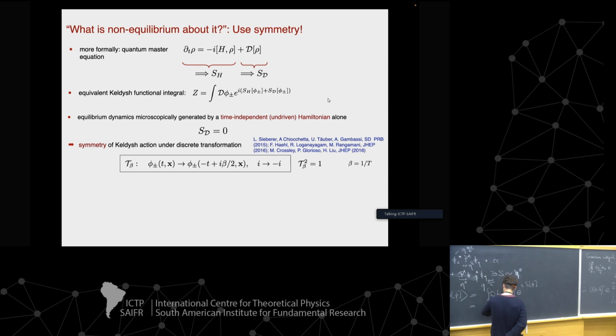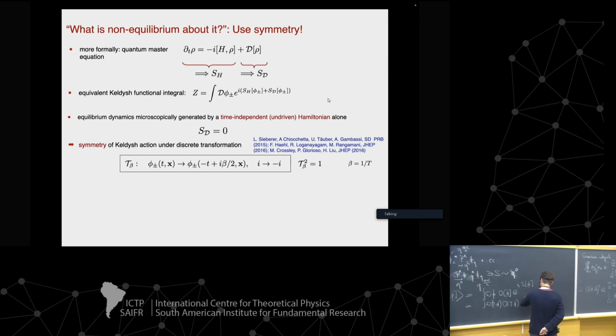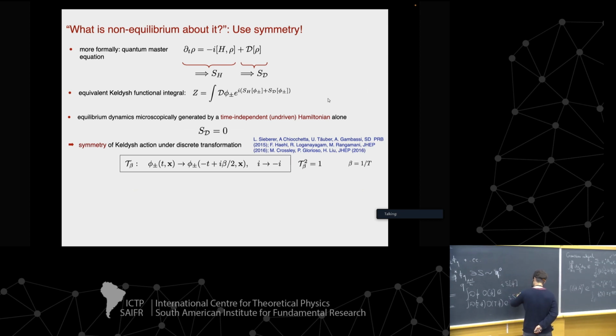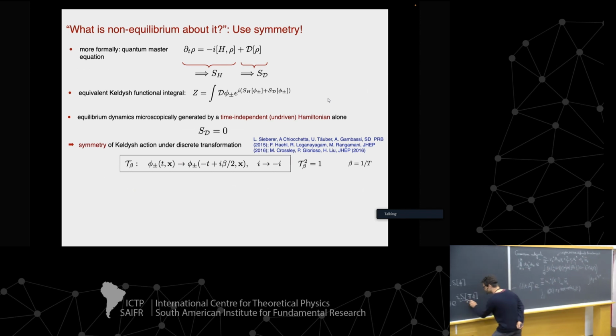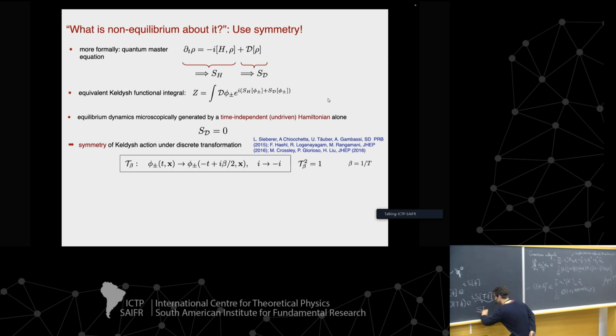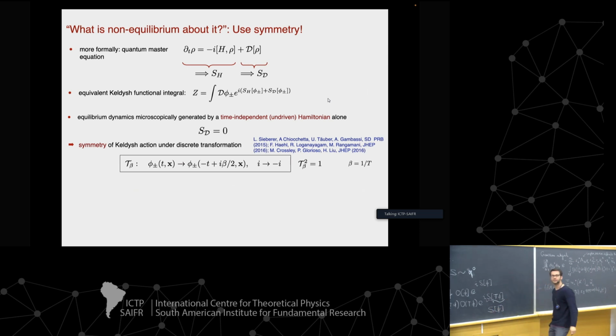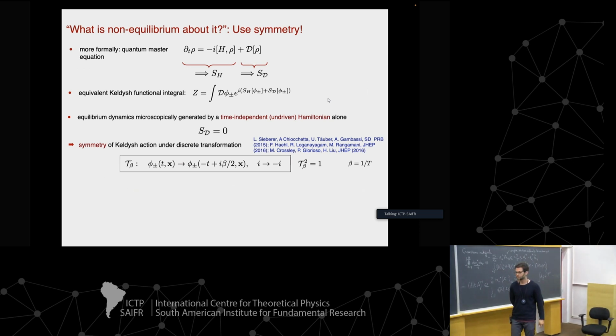I can rewrite this, so this is just a transformation of variables with a unitary transformation T. If we have a symmetry, this means that the action is unchanged. So that's the essence of a symmetry.